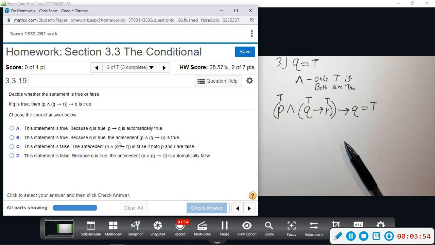Okay, because Q is true, the antecedent is true. We don't get that. That's not the case. The statement is false? Nope, we already know the statement is true, and these two. So the only one that agrees is statement A, because Q is true, P implies Q is automatically true.